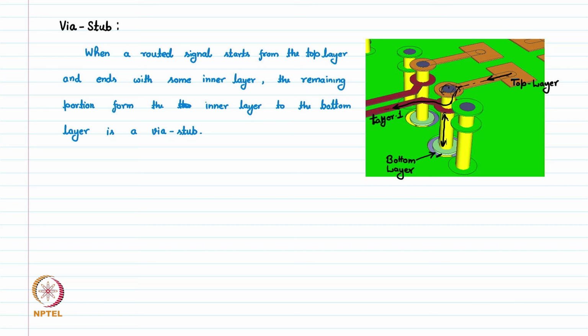However, this extra piece of via from this layer to the bottom layer acts like a stub, and this causes problems when the high speed signal is going from top to layer 1. So this acts like a via stub.